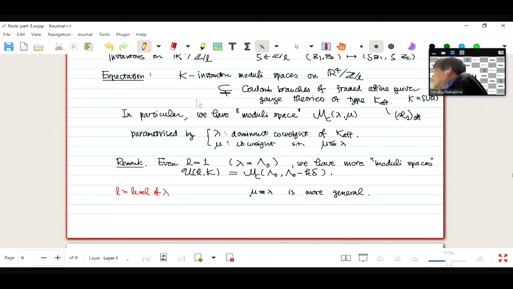Anyway, this quantization is very different from what I have been discussing. I'm considering the Coulomb branch, and I don't consider its quantization. Instead, I'm considering the intersection cohomology of the ordinary Coulomb branch. I don't have any conceptual understanding of the relation between the two.